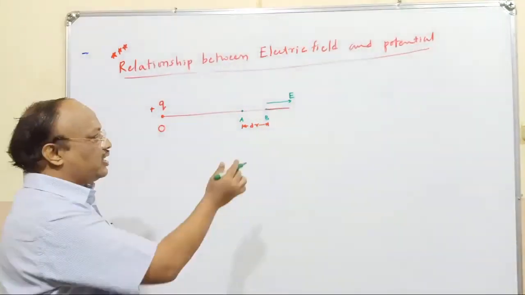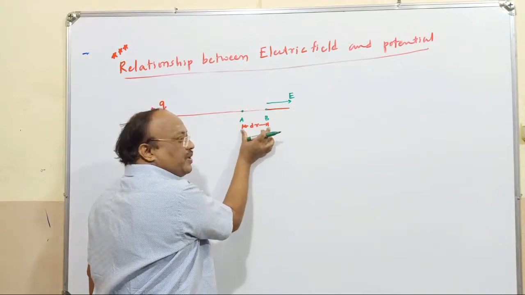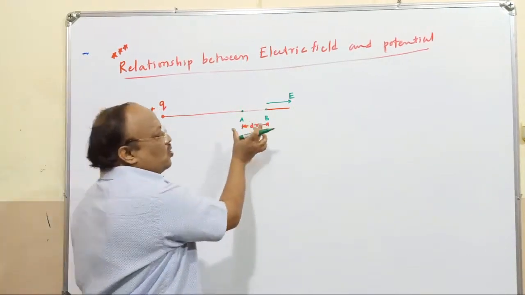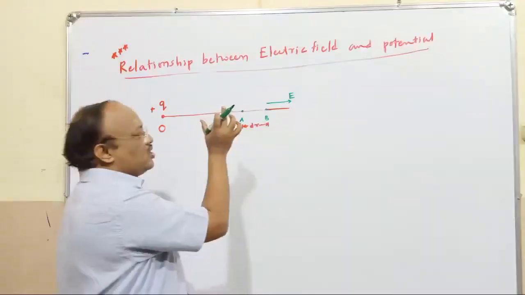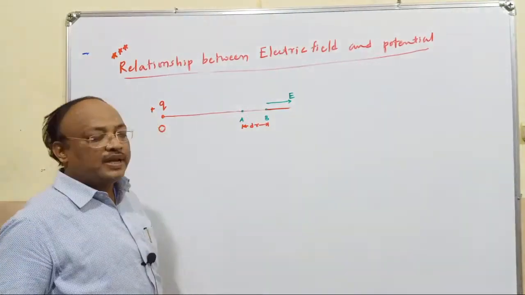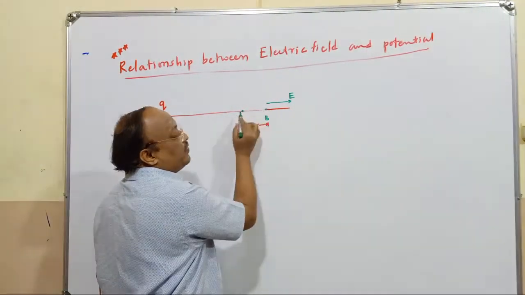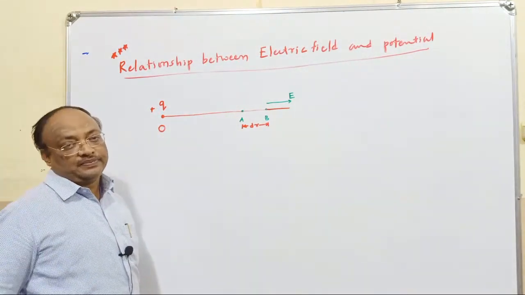As I mentioned, the 2 points A and B are separated by a very small distance. The separation is so small that I am assuming the electric field between A and B is almost the same.